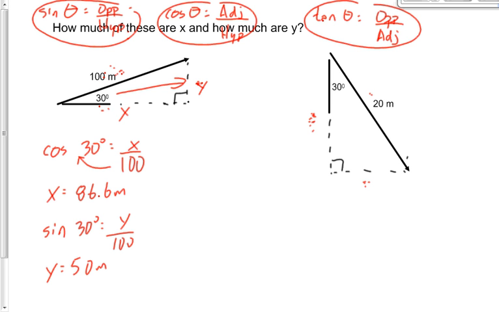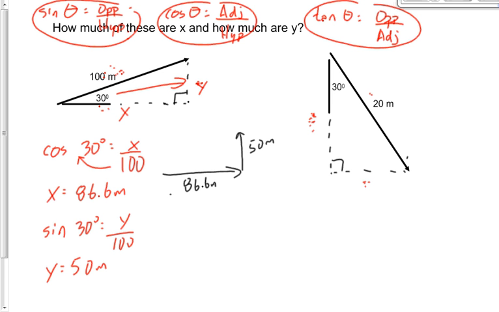So really what we've done here is turned that 100 meters into 86.6 meters and 50 meters. We know how to deal with both of those, right? We spent yesterday dealing with those two vectors. All we've done here today is turn this funny angle vector into two vectors that we know what to do with.